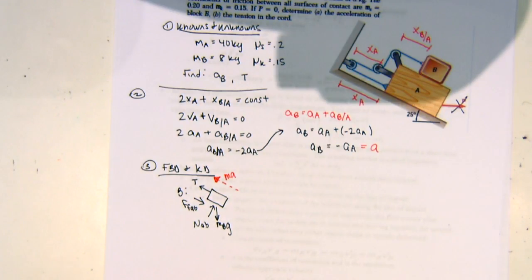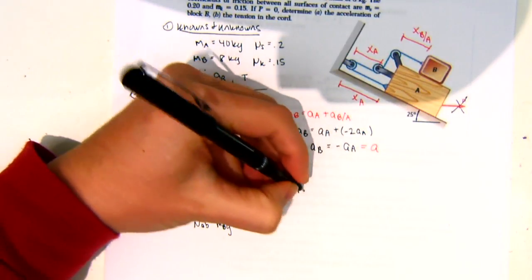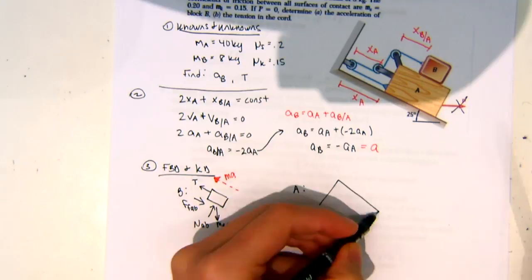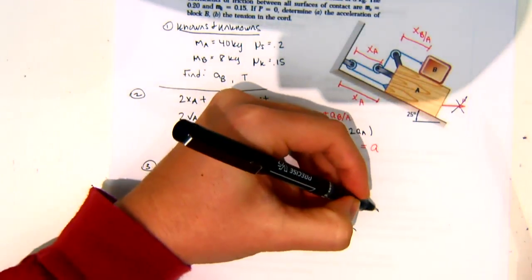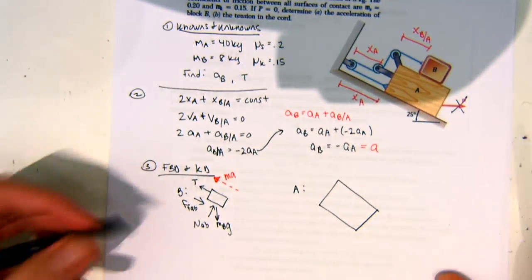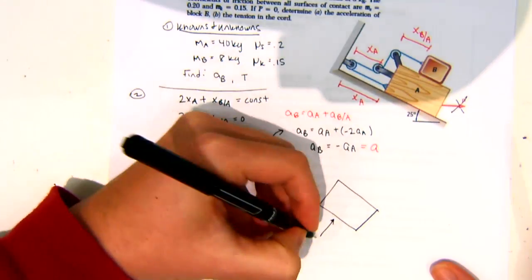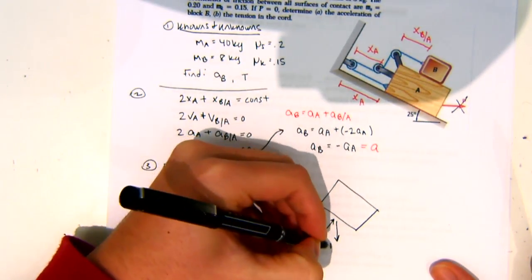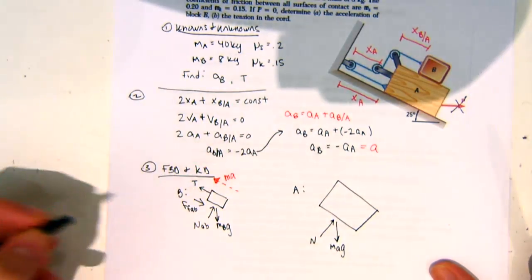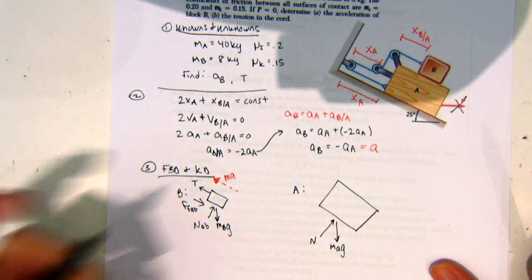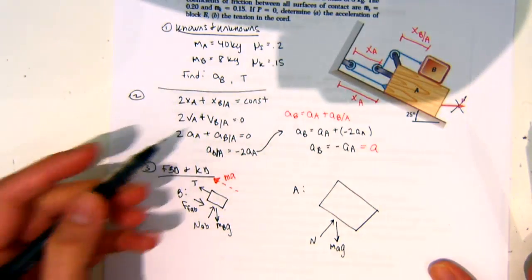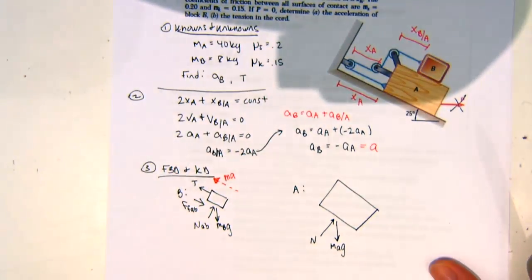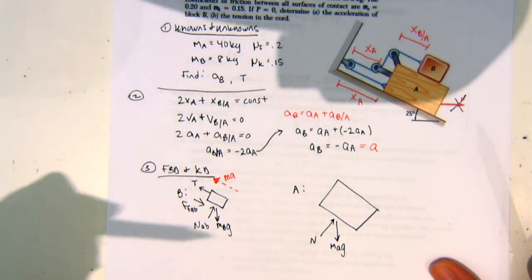So now if I draw block A, for block A, we know we're going to have a normal. We have MAG. So right now I'm just looking at A. So if I look back at this diagram, I have two tensions pulling it up, and then I have one that's going back the other way.